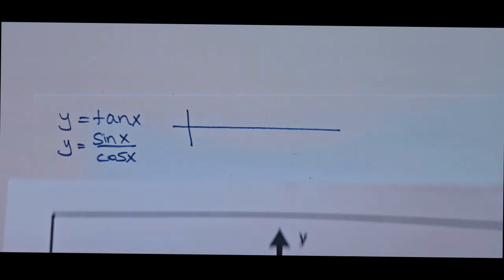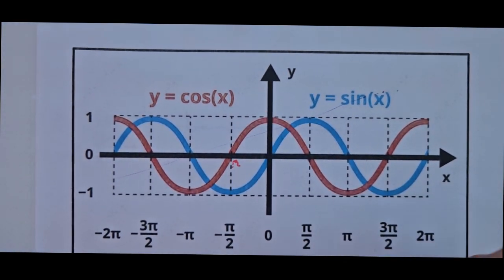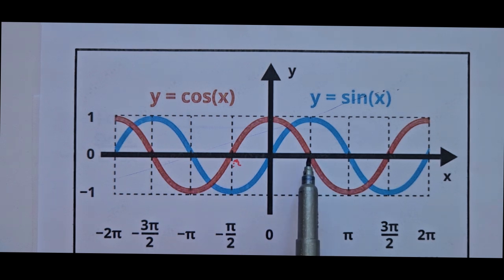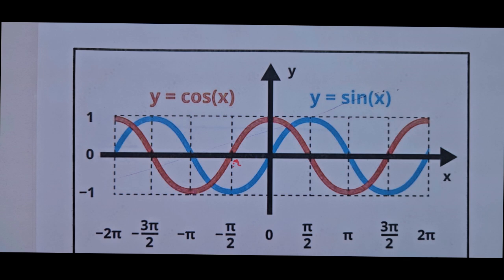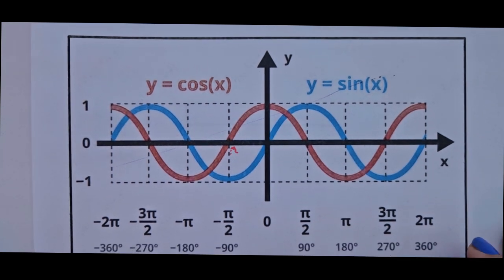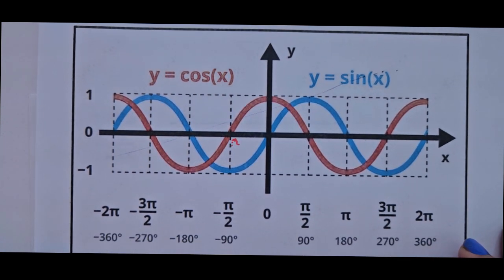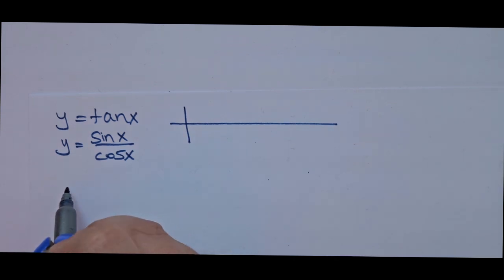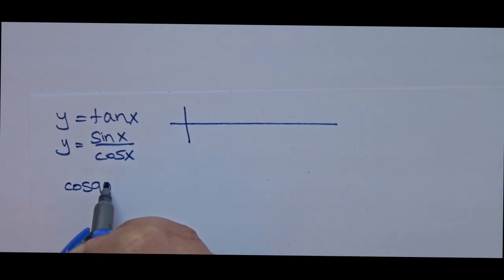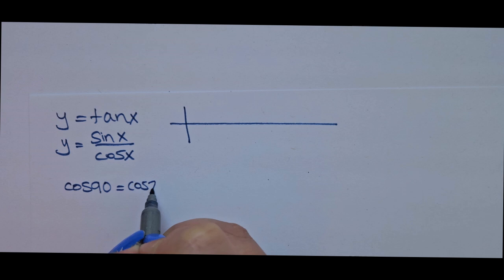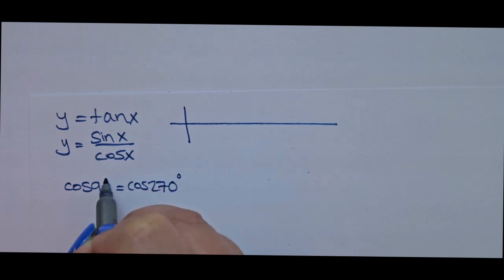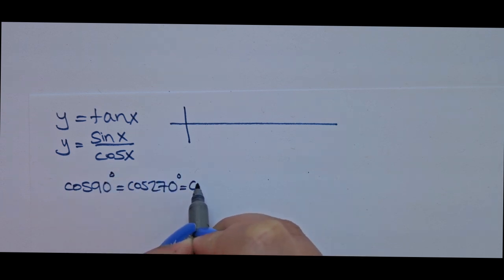Let's refer to our graph. Your cosine is 0 at 90 degrees and 270, right? So cosine 90 equals cosine 270, equal to 0.